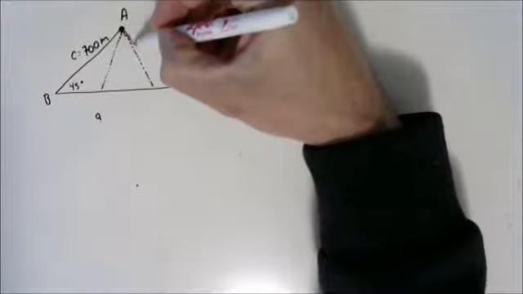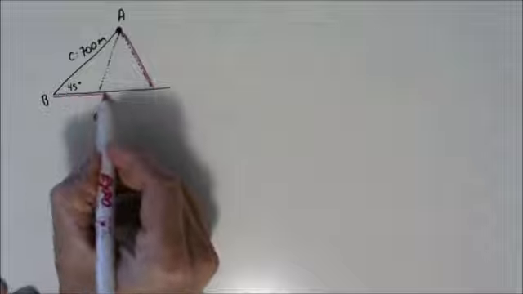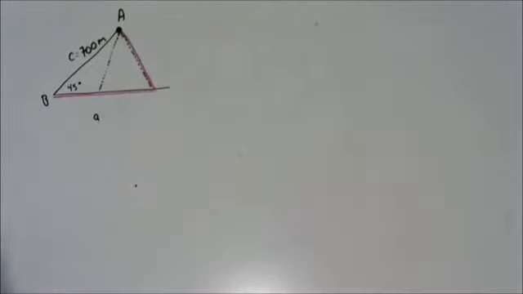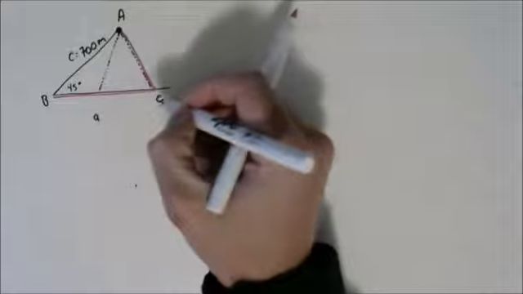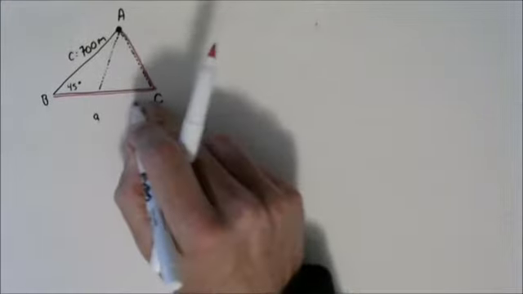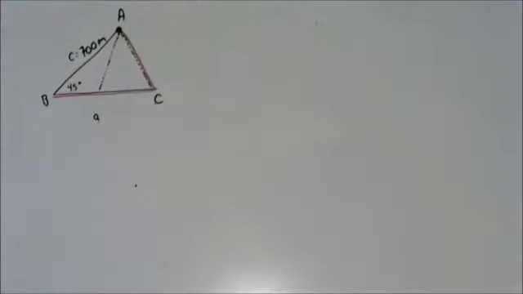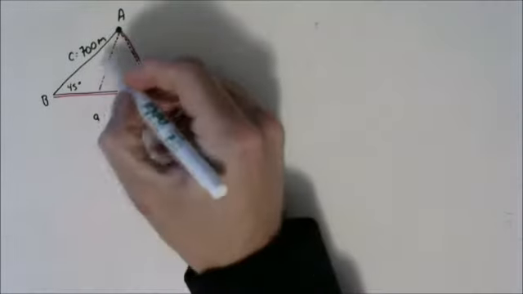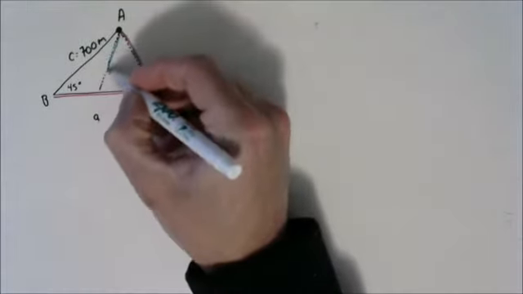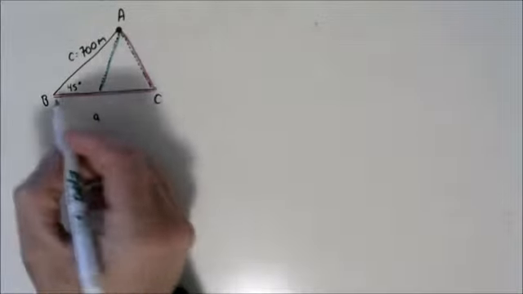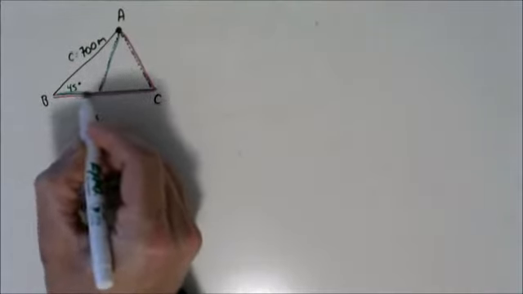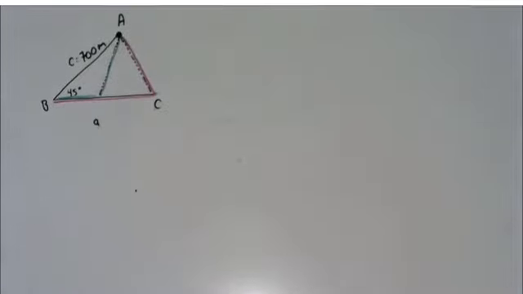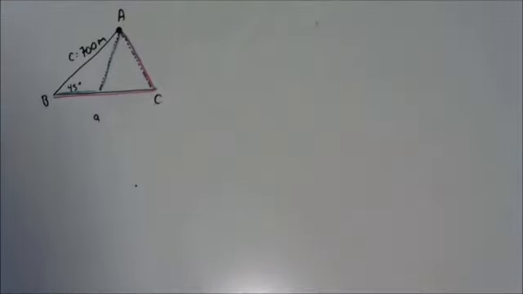One ends up being an acute triangle, where angle C is acute, and the other, where angle C is here, ends up being an obtuse angle. So there are two possible solutions. Part of what we're going to be doing today is figuring out which solution applies appropriately to the problem we're given.